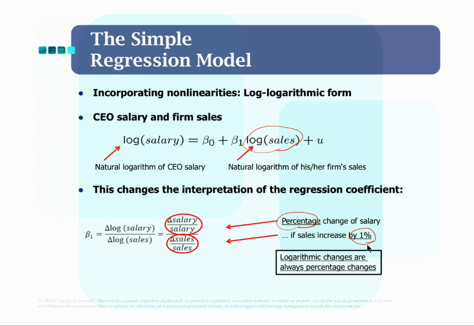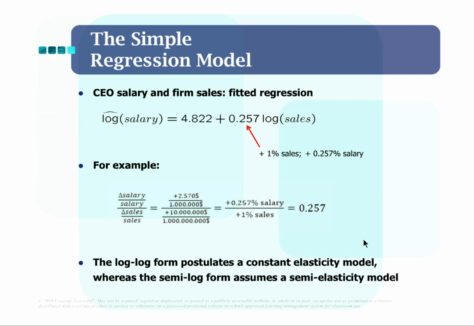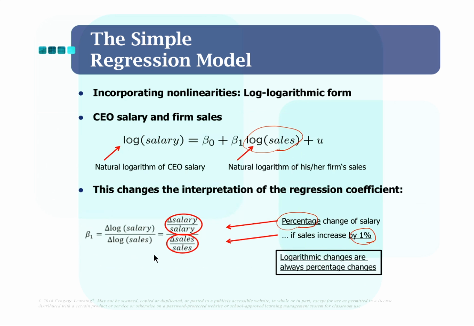So in general, this beta means the percentage change of the dependent variable y if the independent variable x increases by 1%. Right? And in microeconomics, this type of relationship, this type of parameter is called elasticity. If you still remember, right?